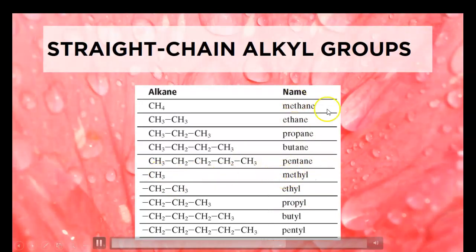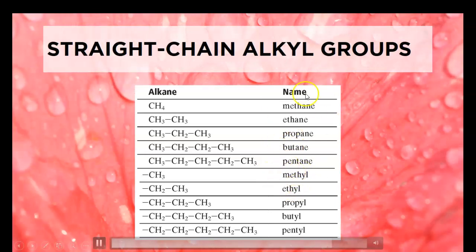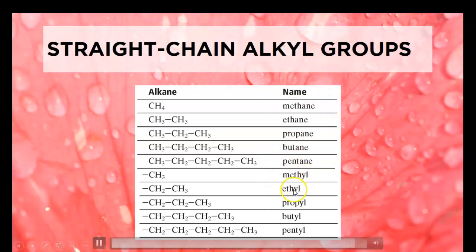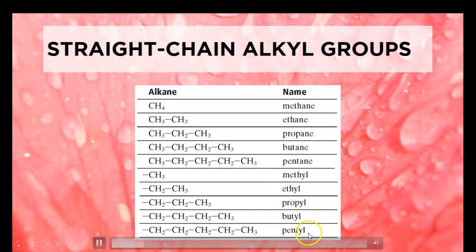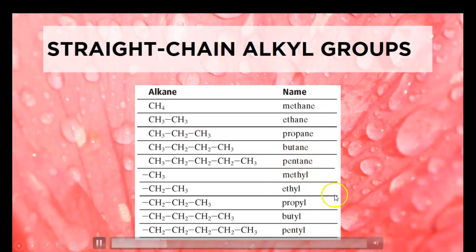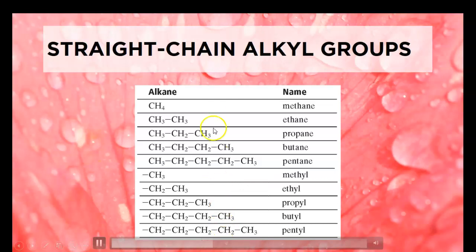Methyl is going to be branching off one of these. It's a group that branches off the main structure. Ethyl, just like ethane, propyl is like propane, butyl with the prefix of butane, pentyl with pentane. They're going to branch off. These 5 down here can branch off some of these 5.